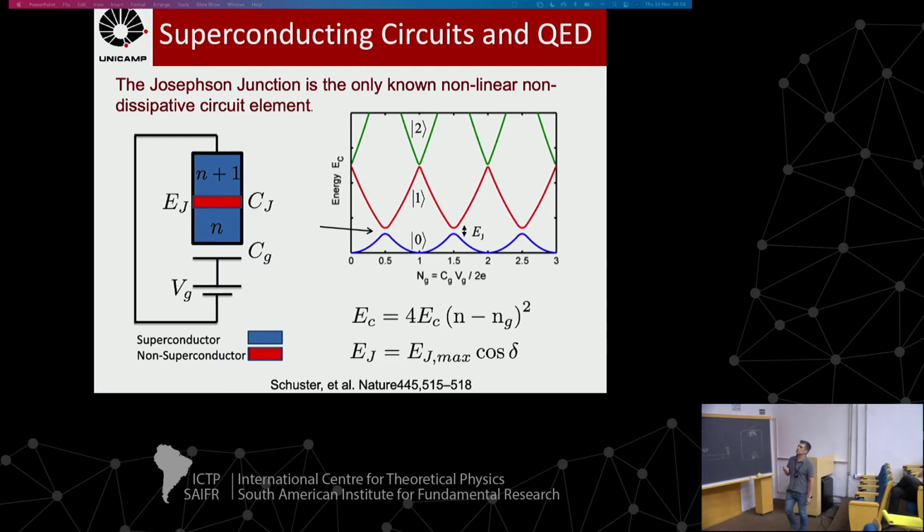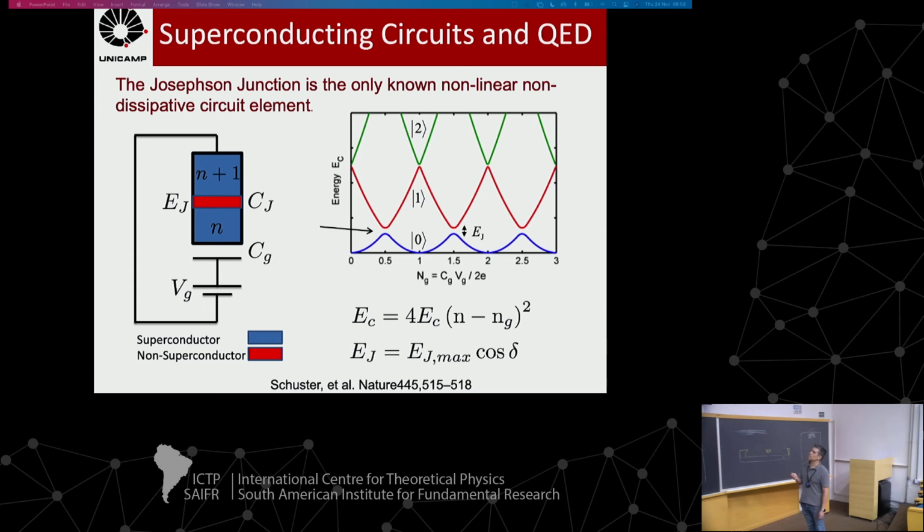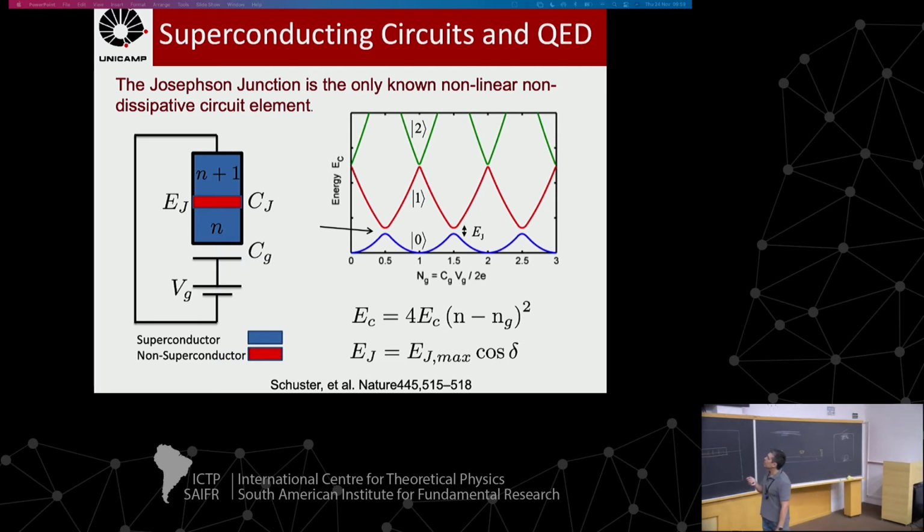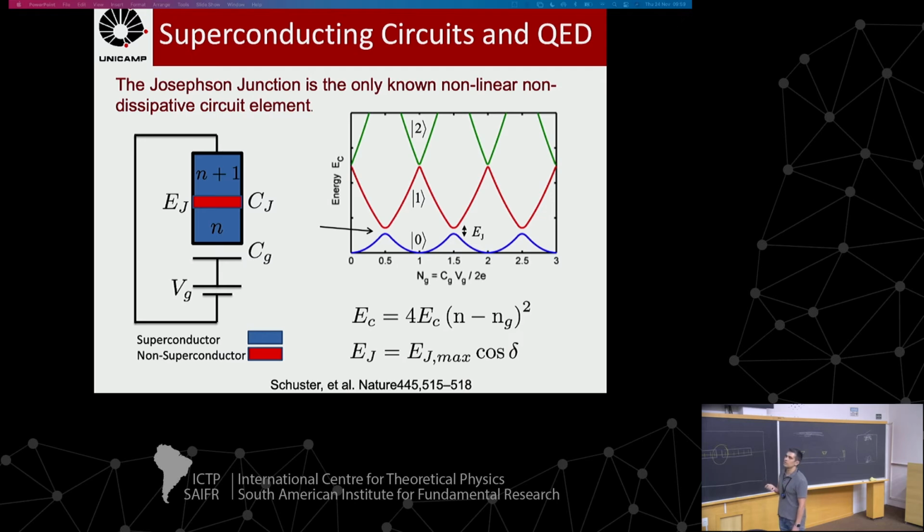You see here that when we are at ng equals one half, you open this small gap, and this blue part has the characteristics of ng equals 0, and this red part has the characteristics of ng equals 1. Now here you can adjust ng on your device.